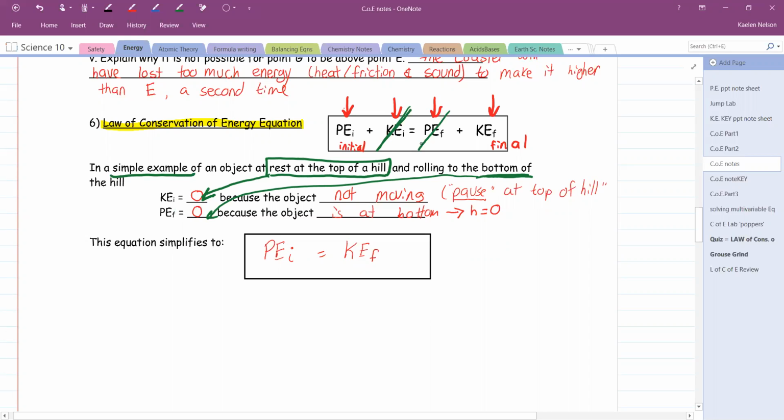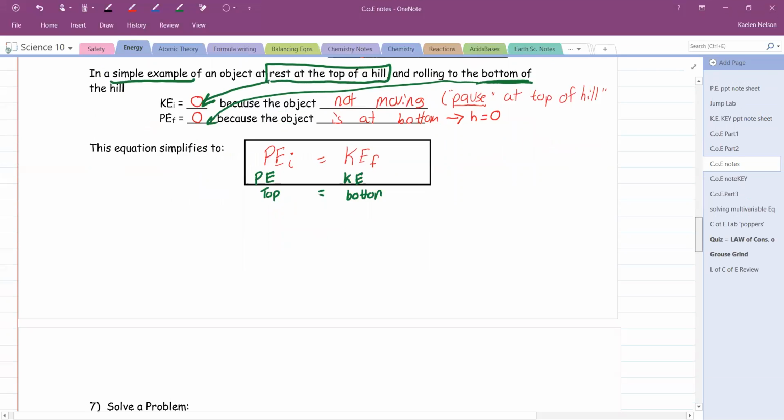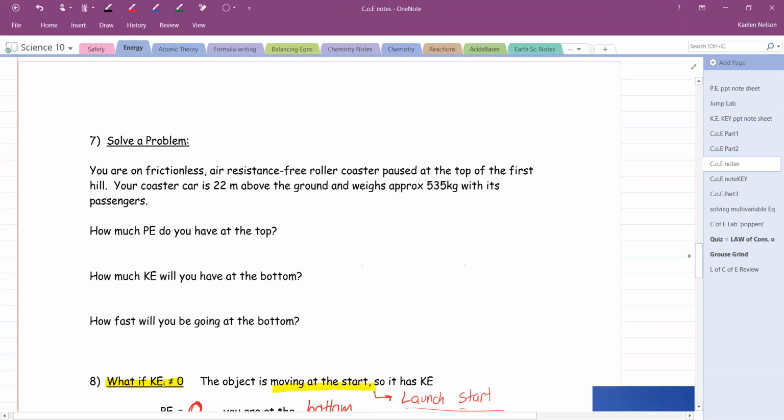This simplifies our equation to potential energy initial equals kinetic energy final, or potential energy at the top of your hill, if you're talking roller coaster, equals kinetic energy at the bottom. All that potential is going to be converted to kinetic. And number 7, we'll do an example with that.